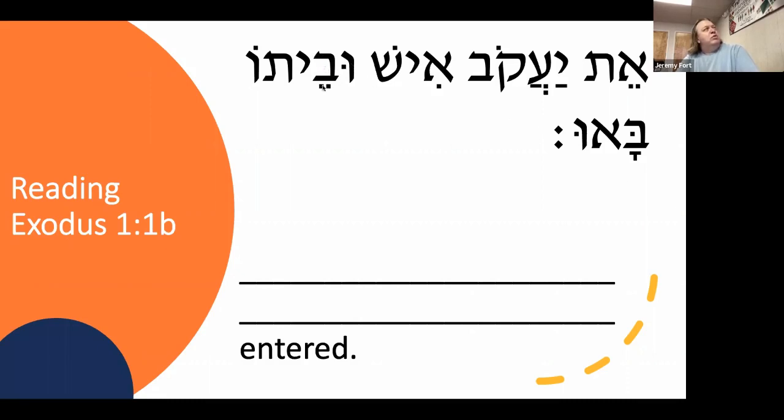So it becomes uveto. Uveto, because this is a shureq u vowel. Perfect. You got it.